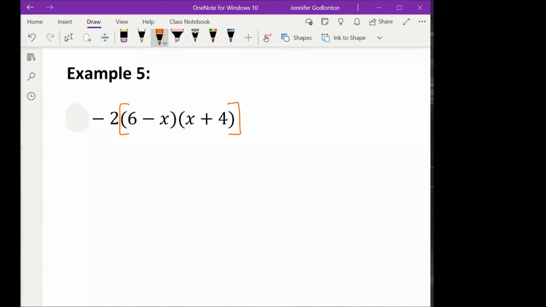And then once you've simplified it, you're going to take in that negative 2. So just take it one step at a time.